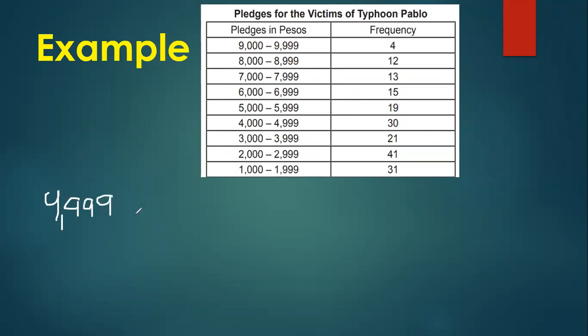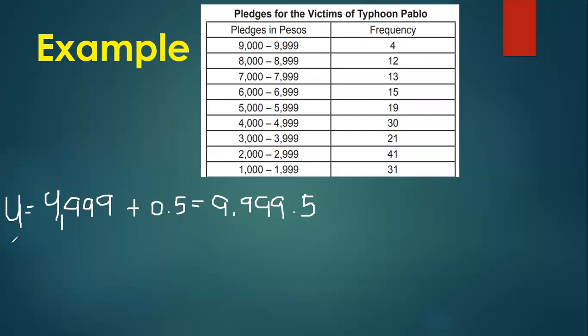Then you need to add 0.5, and it will become 9,999.5. That is the upper.